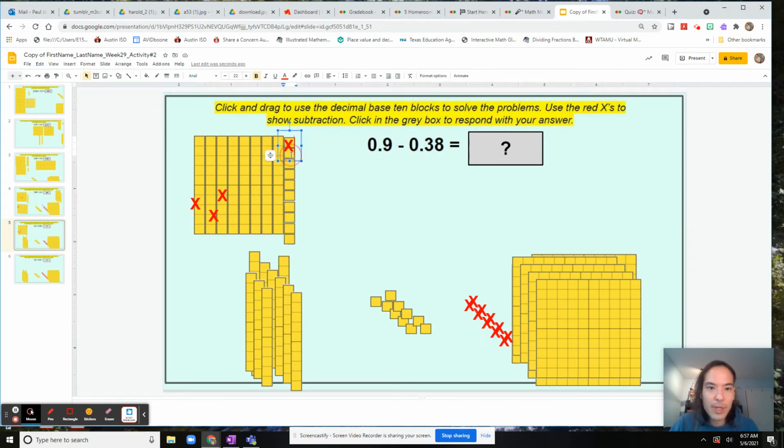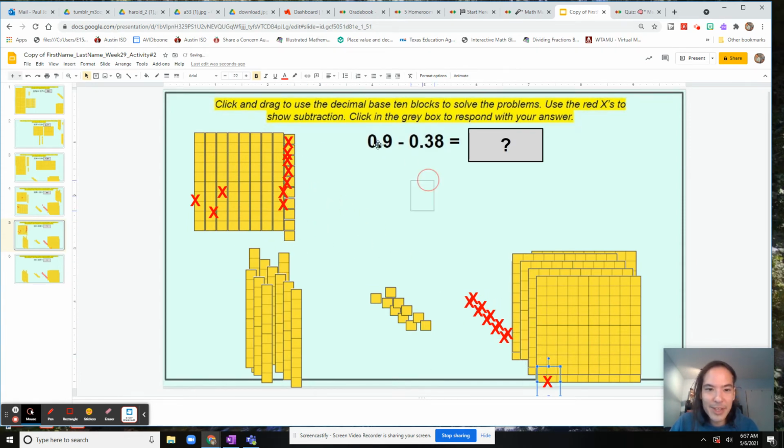All right, so 1, and then 2, 3, 4, 5, 6, 7, 8. My X's are getting a little wonky, but you see where they're supposed to go.